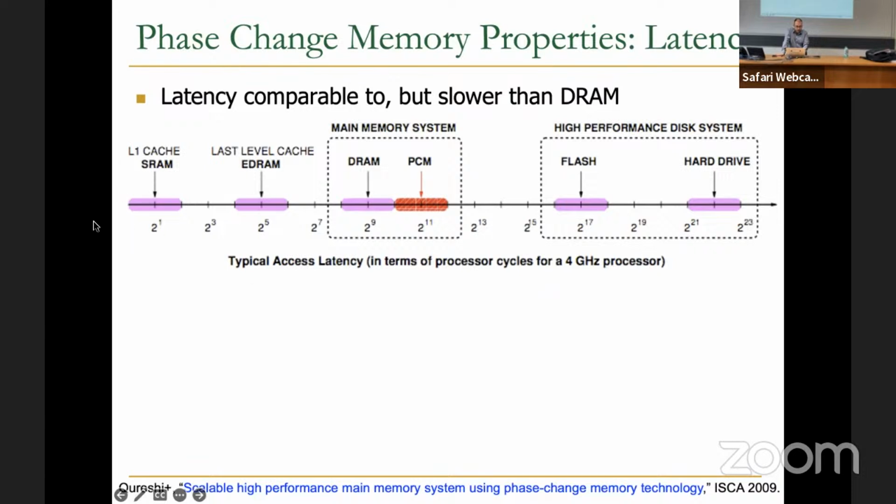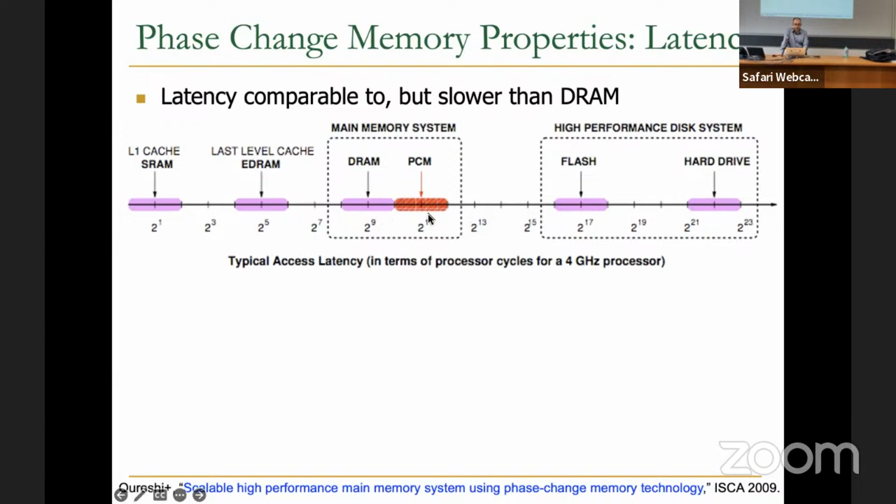For example, L1 cache is here, with an access of around 2 cycles, and we have last level cache, main memory like DRAM, and also disk. You can see that between DRAM and hard disk drive we have quite a large gap, and that's why Flash found its way nicely. Flash filled the gap between hard disk drive and DRAM.